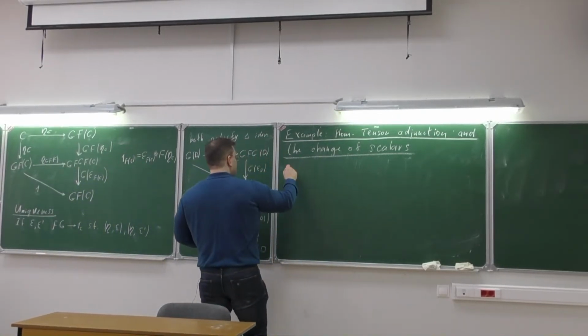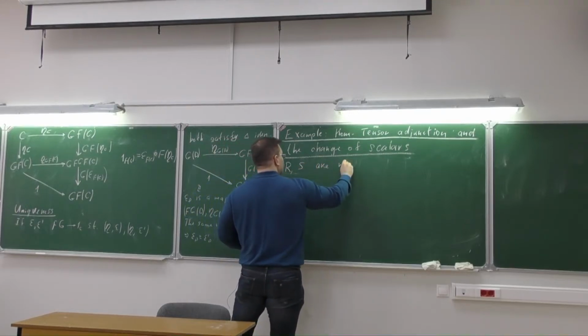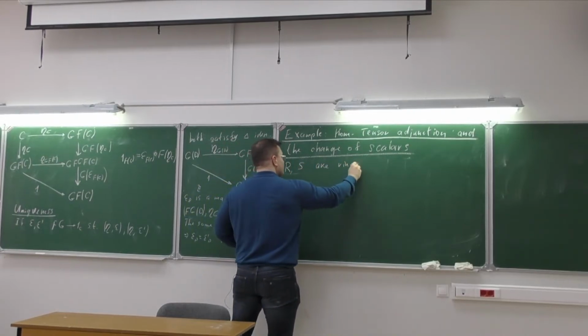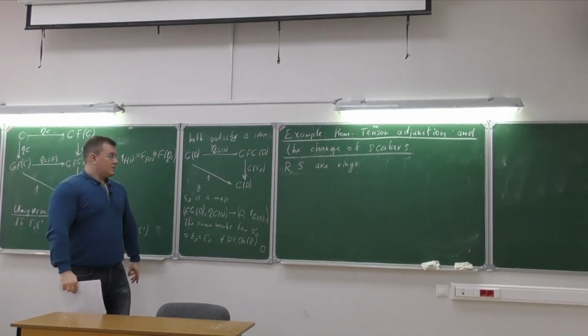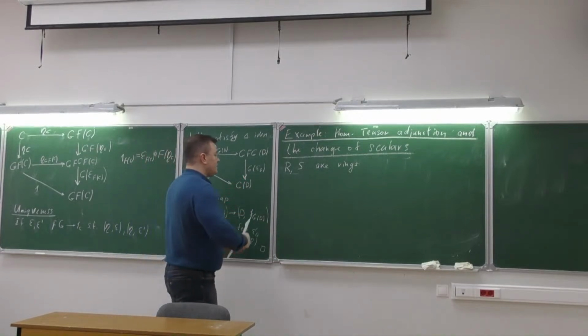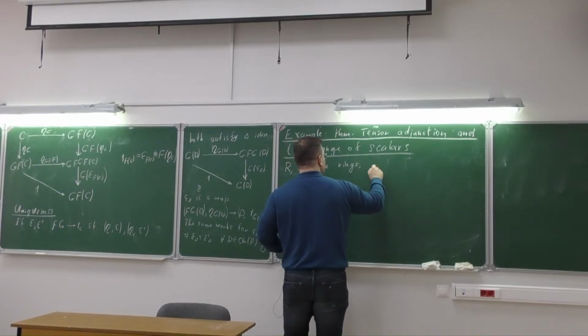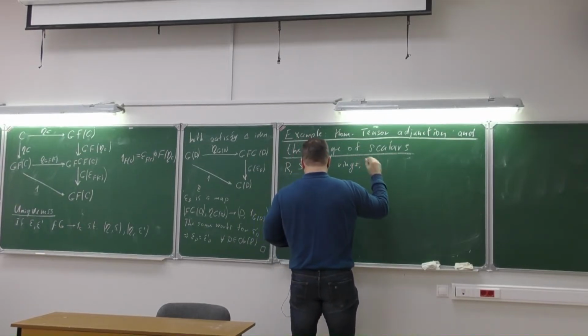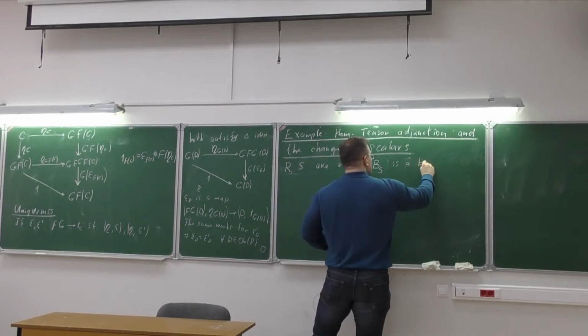The assumption is that we have two rings, R and S, which are associative rings, not necessarily commutative, with multiplicative identities. And then I need a bimodule, B. To indicate where R and S are acting, I'm going to write it like this. So this is a bimodule.